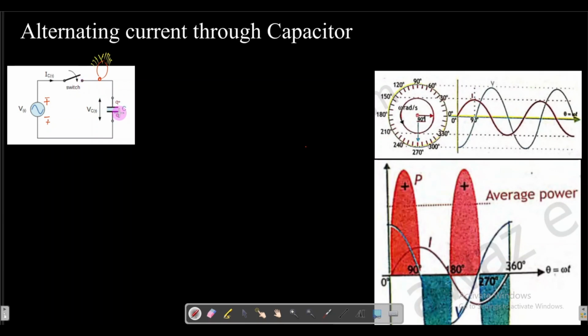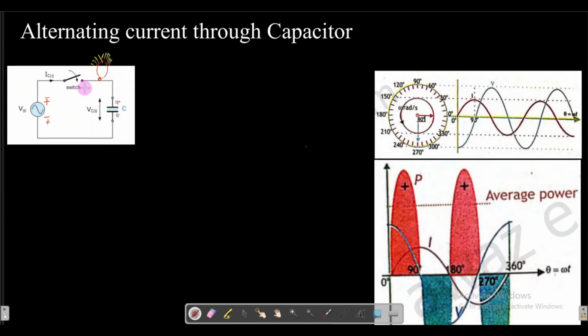Still the capacitor is charging and discharging, but the electron is vibrating about its mean position, and the criterion for the bulb is actually the vibration of electrons. It does not care what is happening in the circuit, so it will glow.